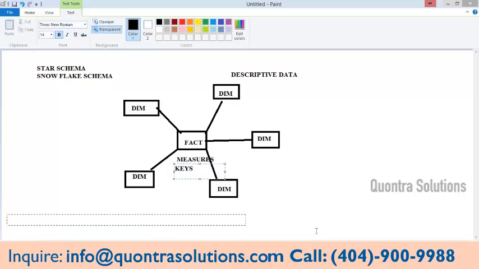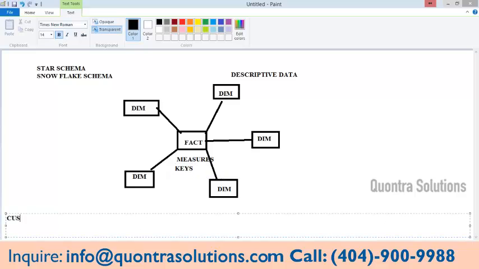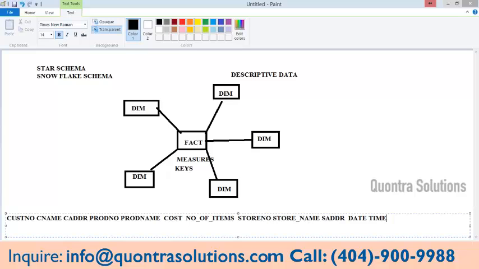I'll take some sample data. I have customer details: customer number, customer name, and customer address. Product details: product number, product name, amount, how much the product costs, and number of items purchased. And store details: store number, store name, store address, and date and time.